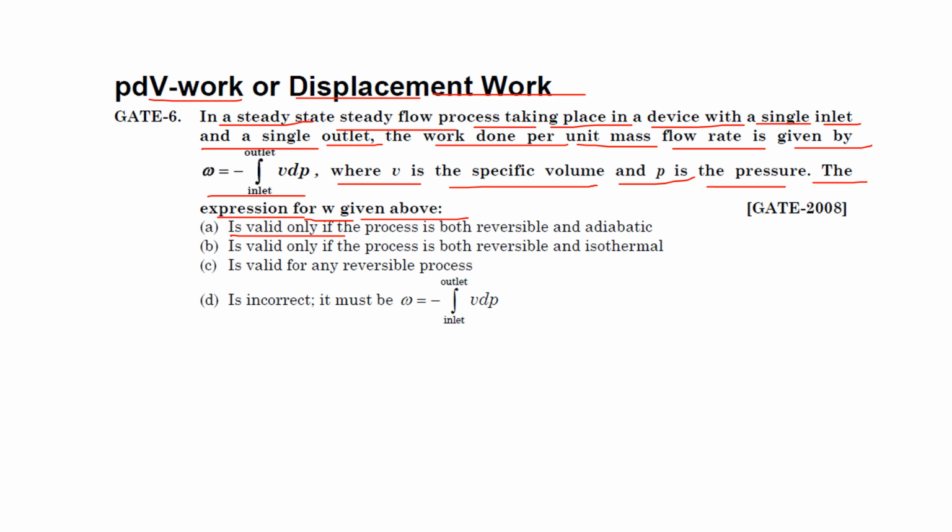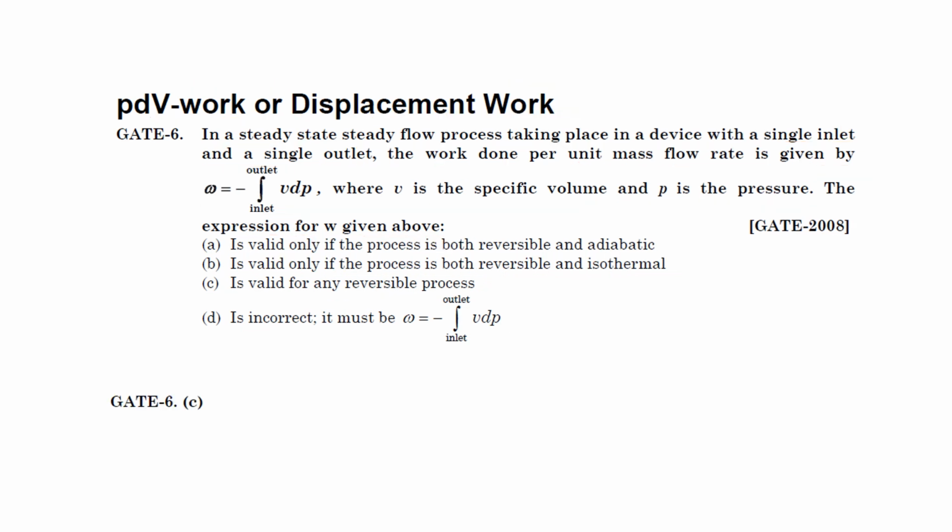Is valid only if the process is both irreversible and adiabatic. Is valid only if the process is both irreversible and isothermal. Is valid for any reversible process. Is incorrect, it must be W is equal to minus integral from inlet to outlet of VdP. So actually C is valid for any reversible process.